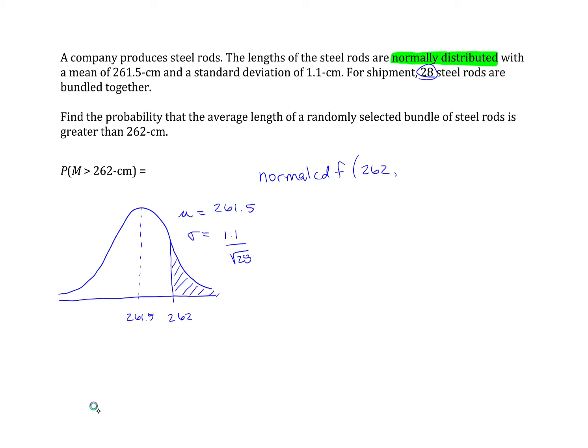The upper bound of the shaded region is infinity, so I'm going to use e to the 99th power for that. So 1 times 10 to the 99th, that is. And the mean is 261.5, and the standard deviation is 1.1 over the square root of 28.